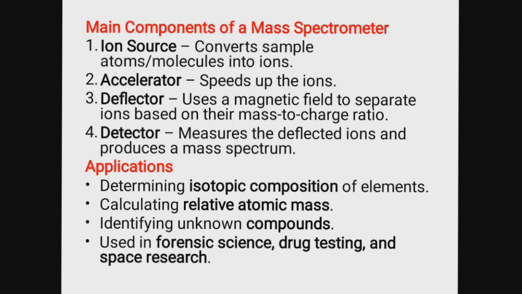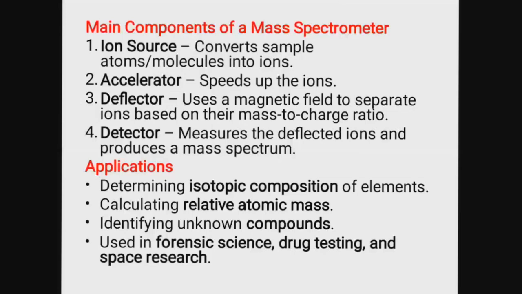So when you pass a chlorine element through this mass spectrometer, it helps you to show that chlorine exists in more than one form, that it has isotopes, it exhibits isotopy, and the lighter one will bend more and the heavier one will bend less.